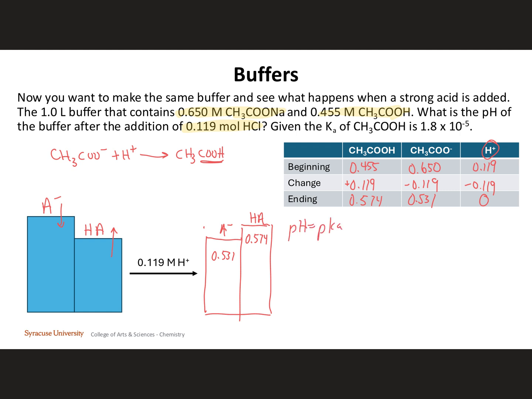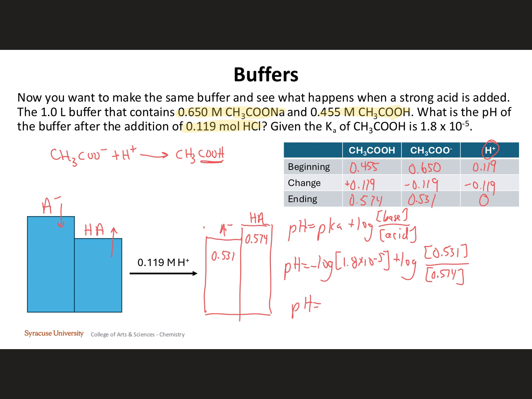Calculate the pH now. pH equals pKa plus the log of my base concentration over my acid concentration. Plug in the values we know. Negative log of 1.8 times 10 to the minus 5 plus the log of my base concentration, 0.531, divided by my acid concentration, 0.574.